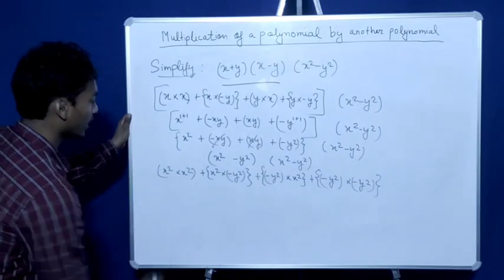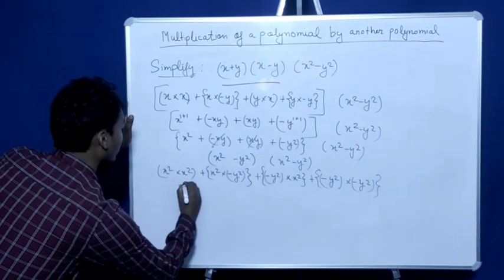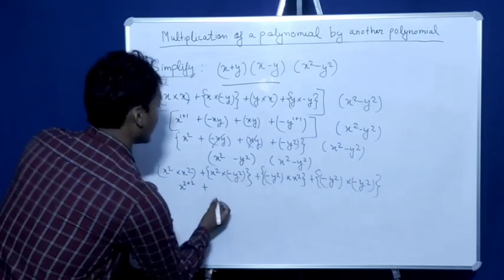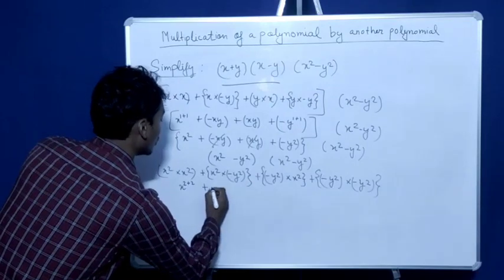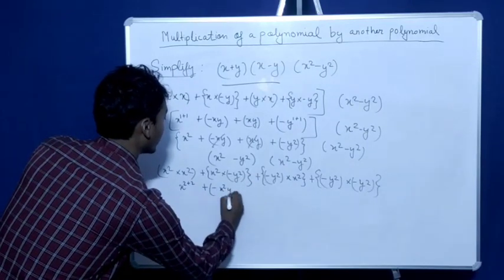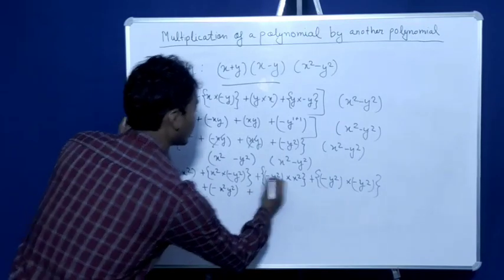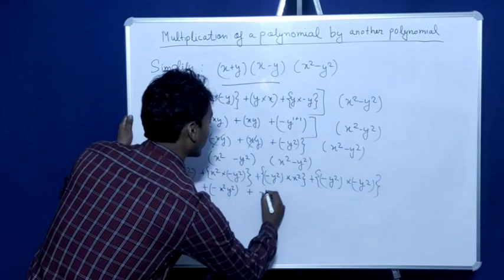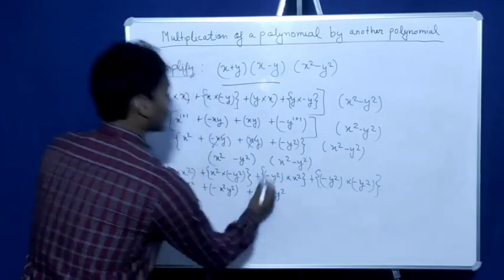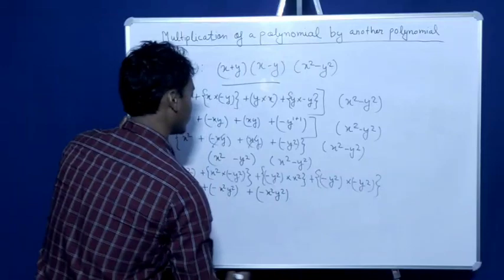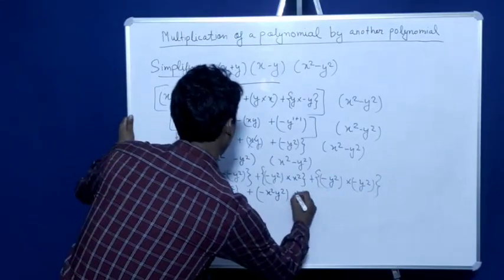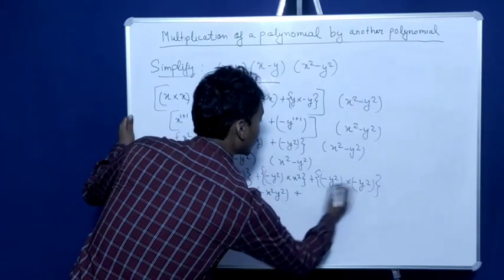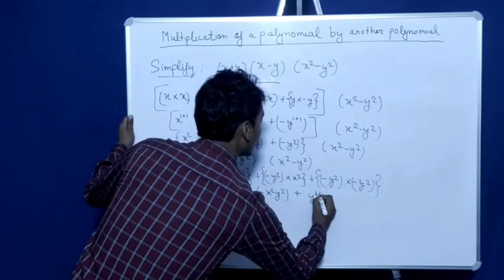So x square times x square will give you x raised to the power 2 plus 2, plus here you have negative and a positive, so we'll get negative x square y square, plus negative x square y square again, plus then negative and negative will give you positive, so y raised to the power 2 plus 2.